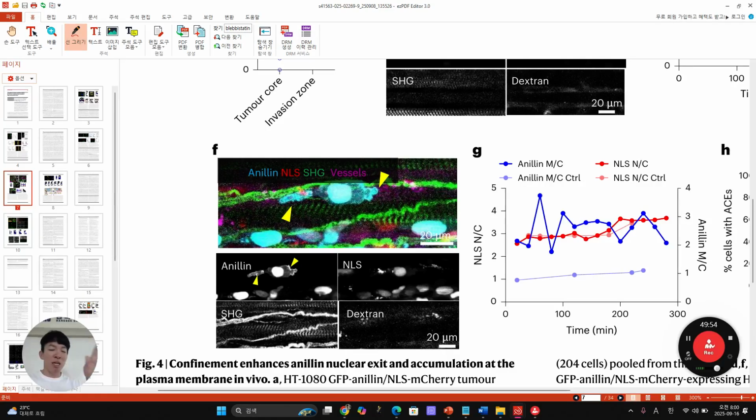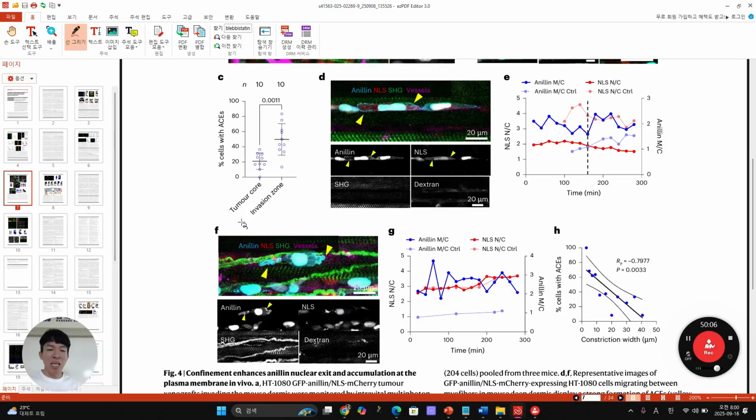Near the vessel, there is a lot of muscle or collagen inside the vessel. Also, they can see that aniline, the A structure, NLS is a little leaked, but actually this DNF is very similar. But DNF, their quantification from E and G, but as far as I understand, they said F is like non-NLS leaking.